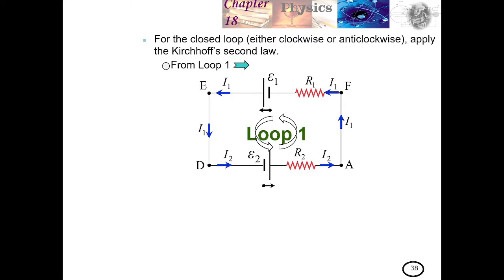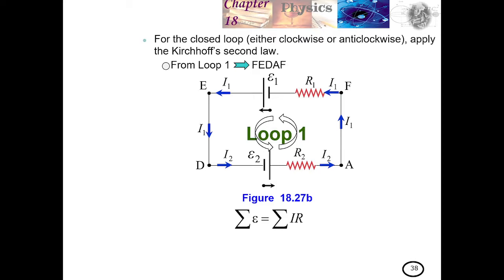For a closed loop, either clockwise or anti-clockwise, apply Kirchhoff's second law. From loop 1, we are still focused on loop number 1. We can see that the current is flowing counterclockwise. So we make an equation of Kirchhoff's law: the summation of E equals the summation of IR.